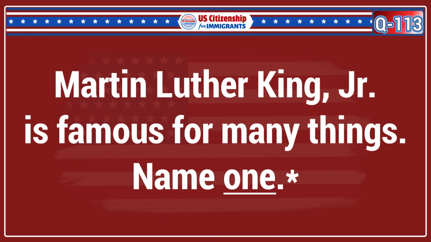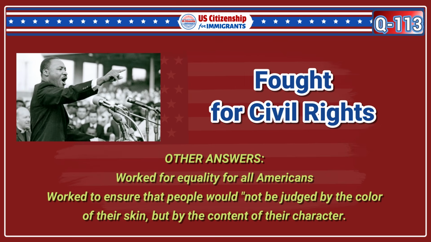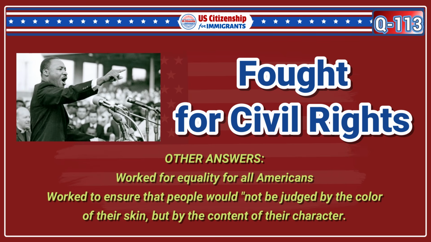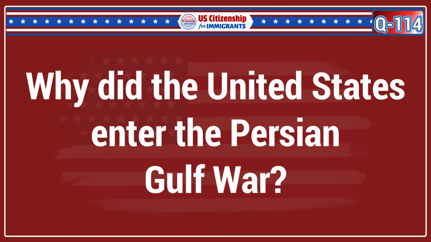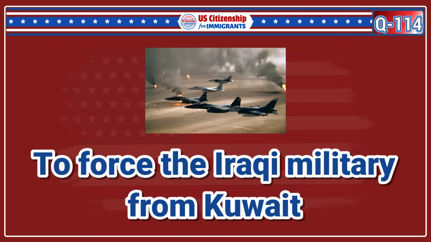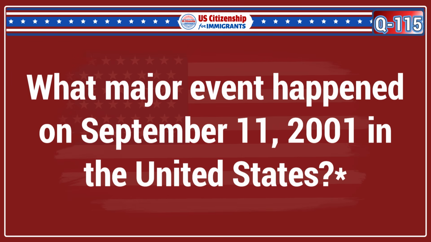113. Martin Luther King Jr. is famous for many things. Name one. Fought for civil rights. 114. Why did the United States enter the Persian Gulf War? To force the Iraqi military from Kuwait. 115.